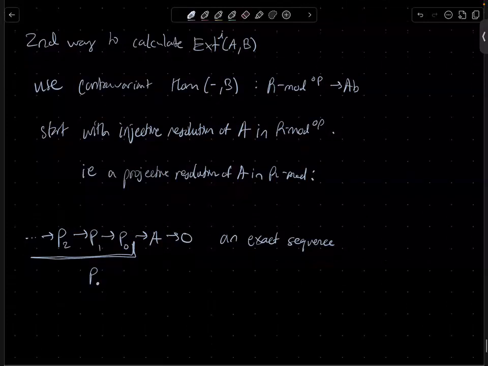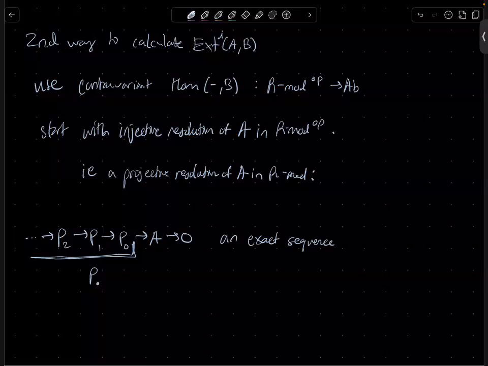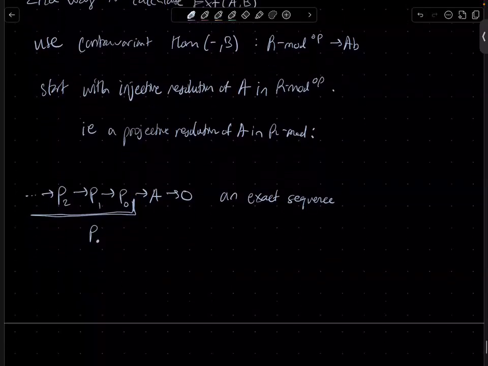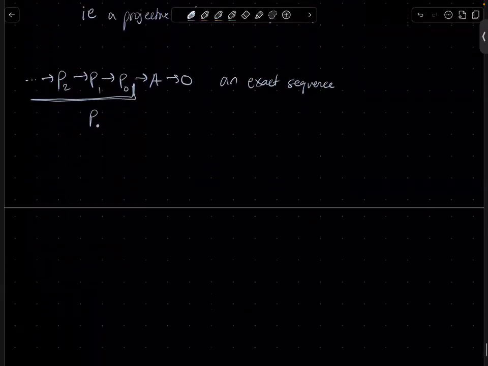Okay, and then like before, apply the functor, but this time it's contravariant, so it flips it around. So apply Hom(-, B) to just P lower bullet and obtain the following.